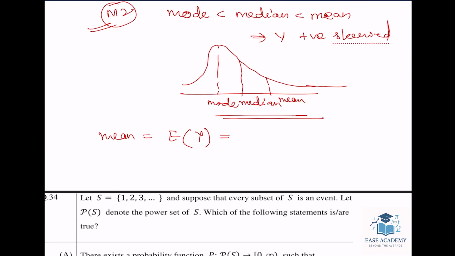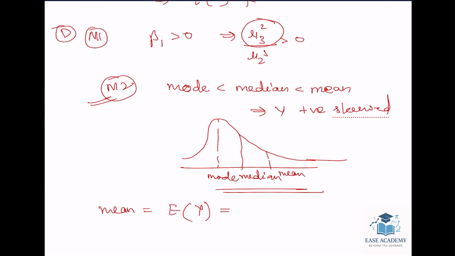So expectation of y is basically 7 by 3, and median of y, since y is equal to x square and x is taking positive values, this is basically an increasing function. So median of y is nothing but median of x whole square.